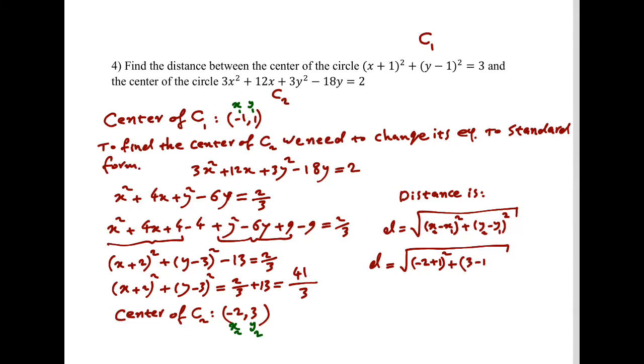So 3 minus 1 squared. -2 plus 1 is -1. -1 squared is just 1, plus 3 minus 1 is 2. 2 squared is 4. So the final answer is √5. And that's the distance between the center of the first circle and the center of the second circle.